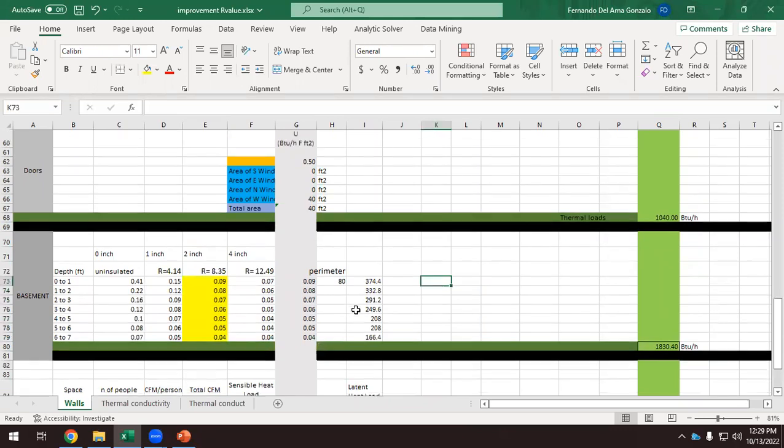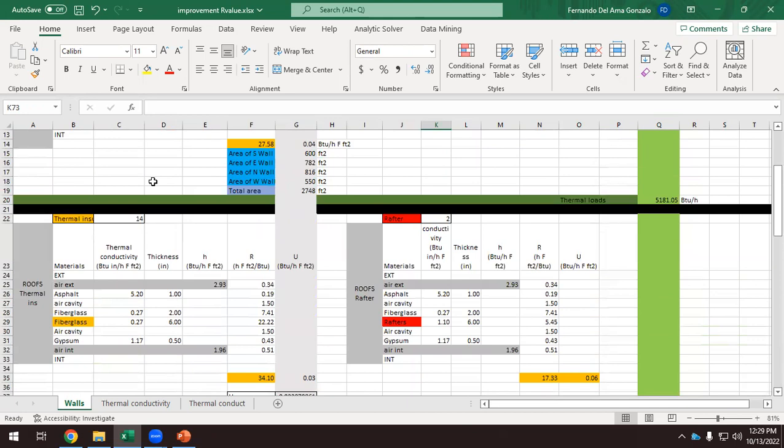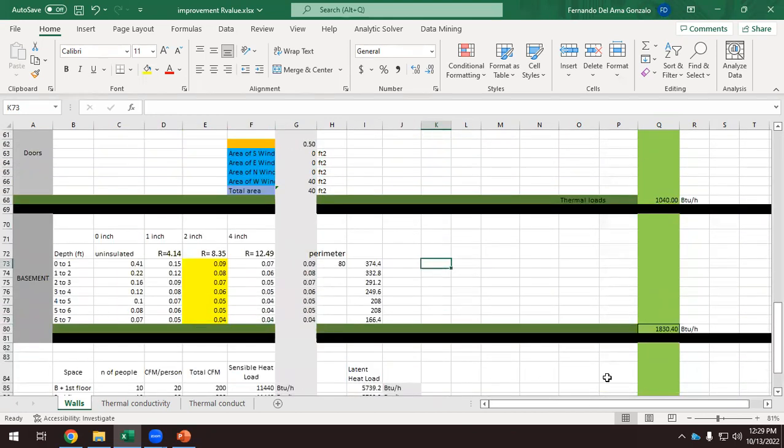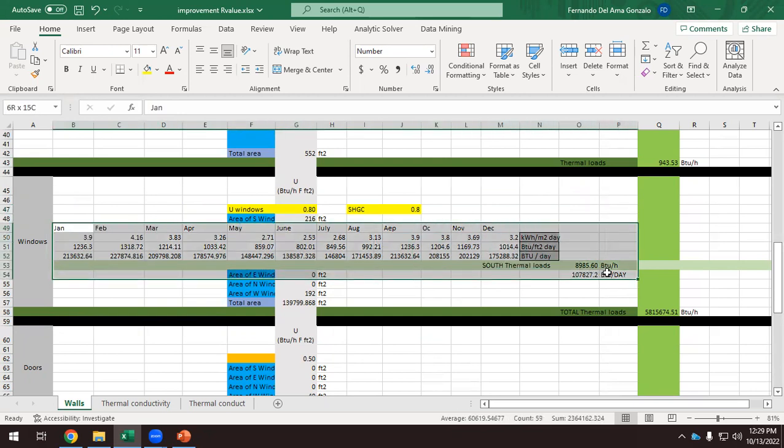So here we have worked with the walls, the roof, and the basement. And now we have to work with the windows. For the windows, we have 2 things. First, we have to replace this window with the triple glazing. And we have to calculate the solar heat gains through the windows.